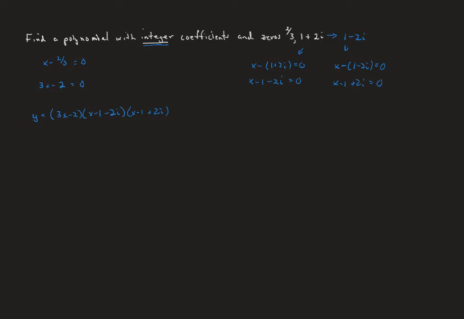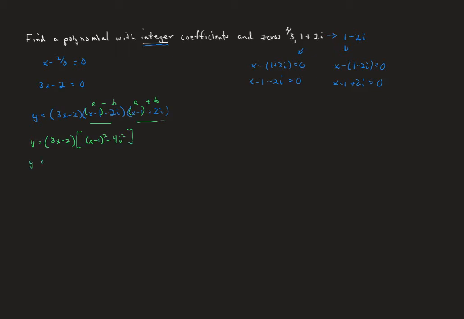We talked about this before a little bit. On this second pair, we can make this more efficient if we insert parentheses around the x minus 1's and then recognize that as the difference of two squares: a minus b times a plus b. So if I multiply those together first, that is going to give us a squared, which is x minus 1 squared, minus b squared, and 2i times 2i is 4i squared.